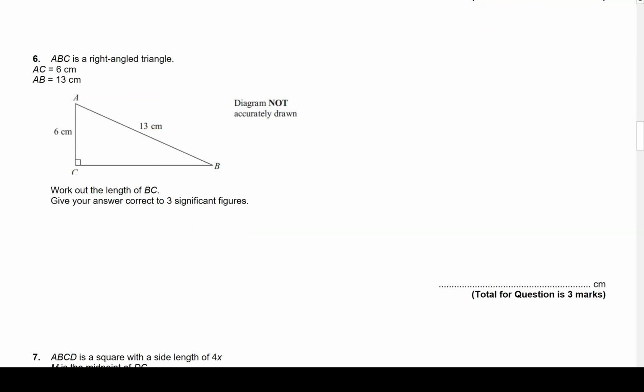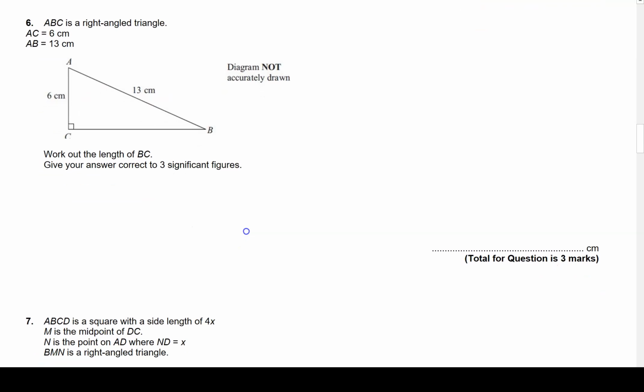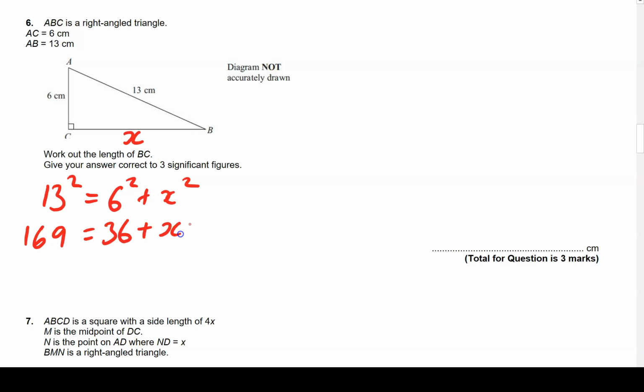Number 6, work out the length BC. Okay, what do we know? We've got to work this out. So 13 squared is 6 squared plus x squared. So 13 squared is 169, is 36 plus x squared. Take off the 36 is 133.